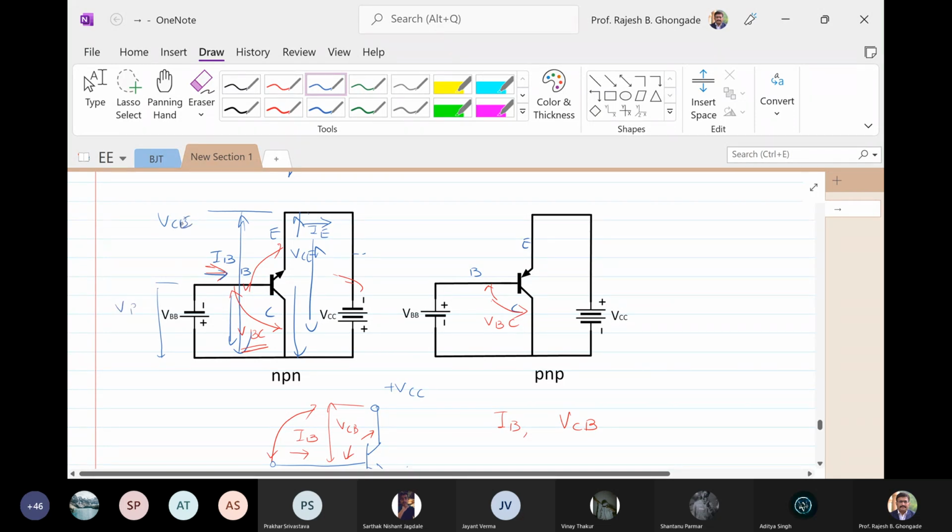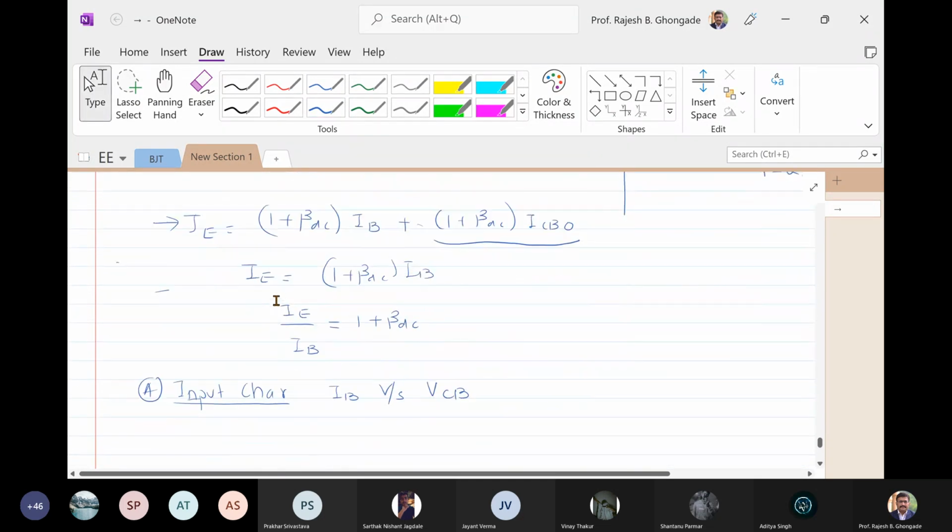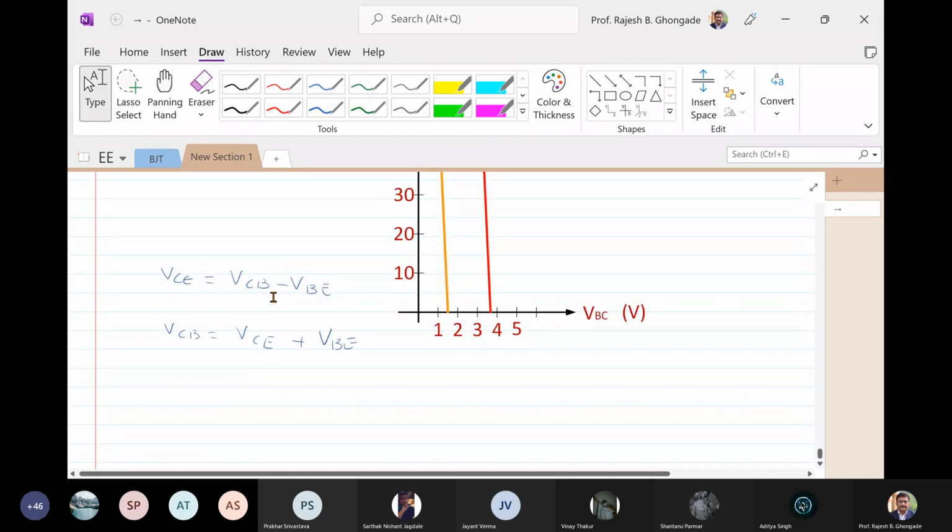Rather, this is VBE and this is VBC. So VCE is the addition of VBE and VBC. That is how you get this VCB. So when the collector base junction is reverse biased and the emitter base junction is forward biased, VBE remains around 0.7 volts for silicon. That is what we can say from here.